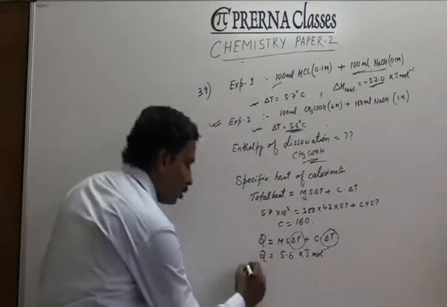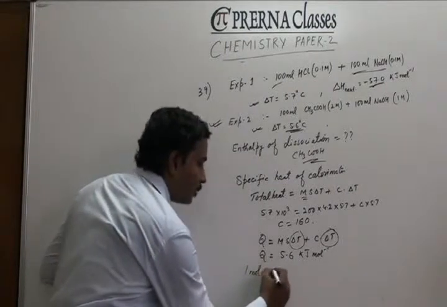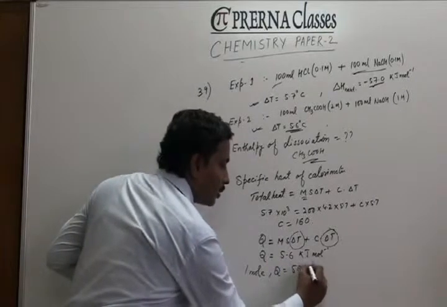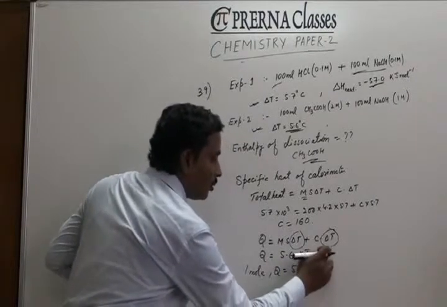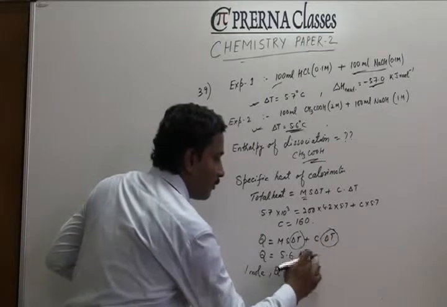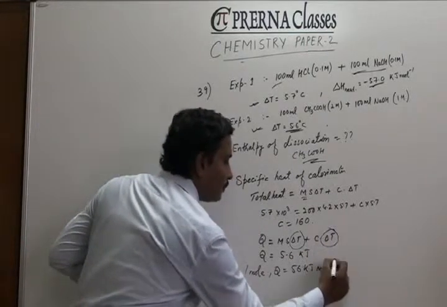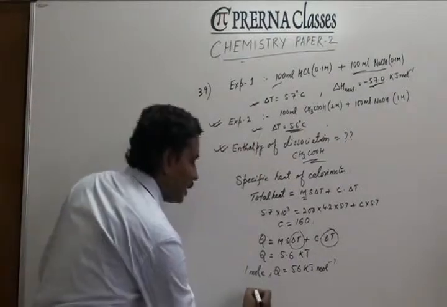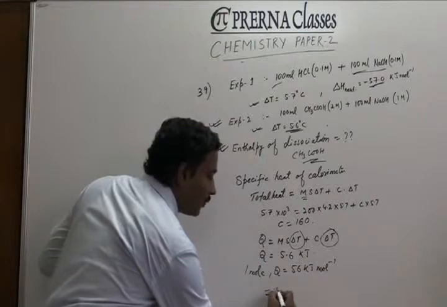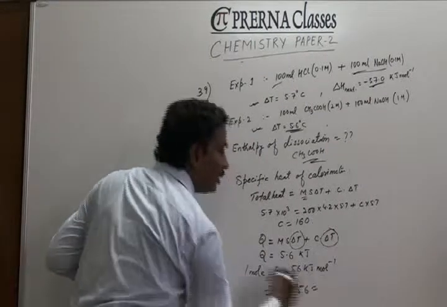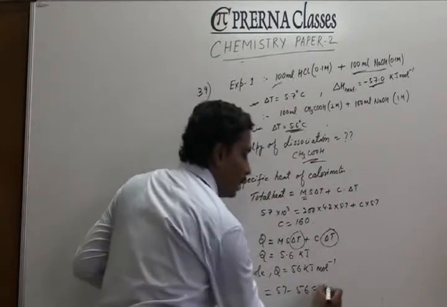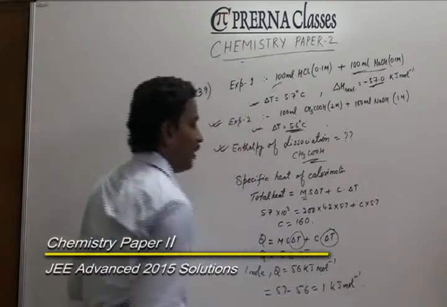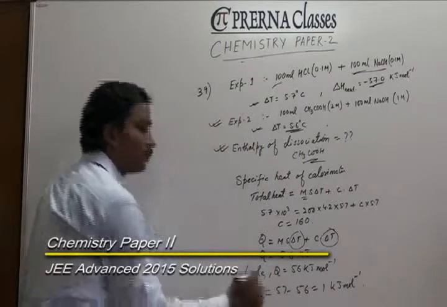For 1 mole, Q is equal to 56 kilojoule per mole. So the enthalpy of dissociation is equal to 57 minus 56, the difference between these two, that is 1 kilojoule per mole. Therefore the answer is option A.